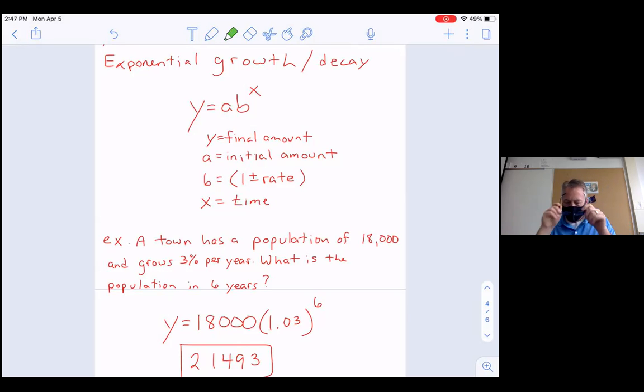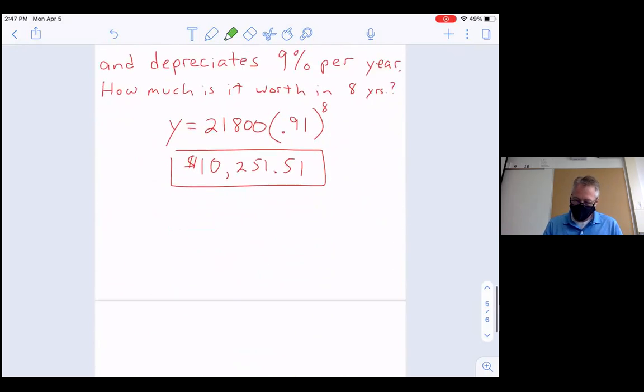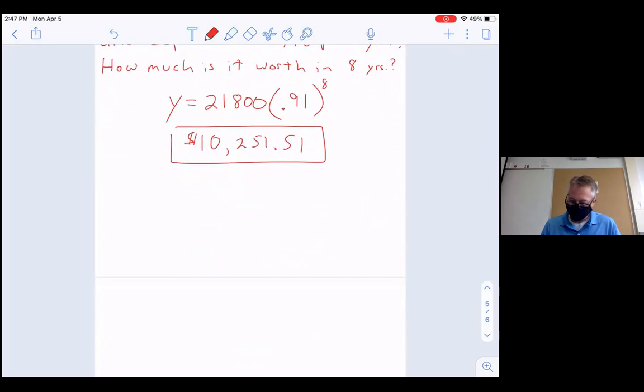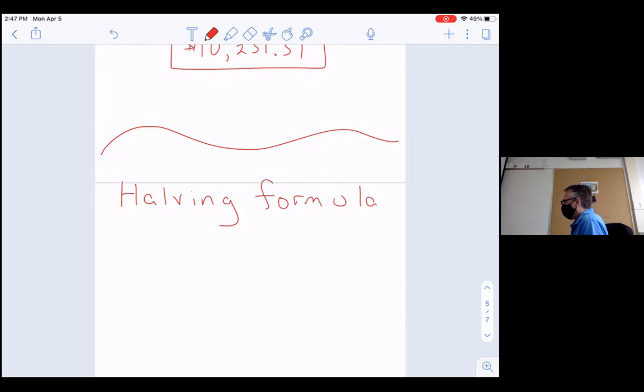So I'm going to scroll down, and you guys probably should write down. The first thing we're going to talk about is the halving formula. Okay, and that really just means taking half of something.